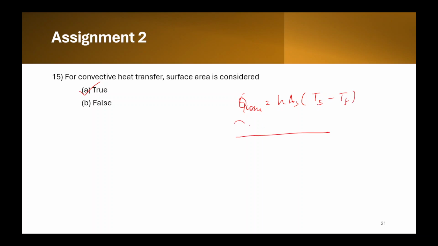As there is a surface and a fluid is above it, the heat transfer is from the surface to the fluid, and the area here will be the surface area. So the area of the interface is the surface area basically. So surface area will be considered.